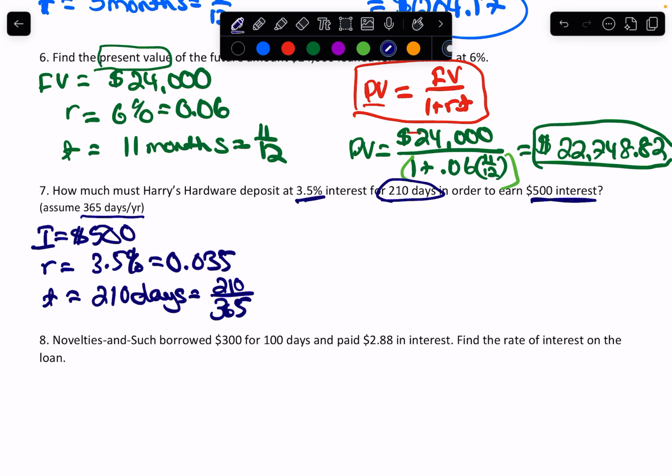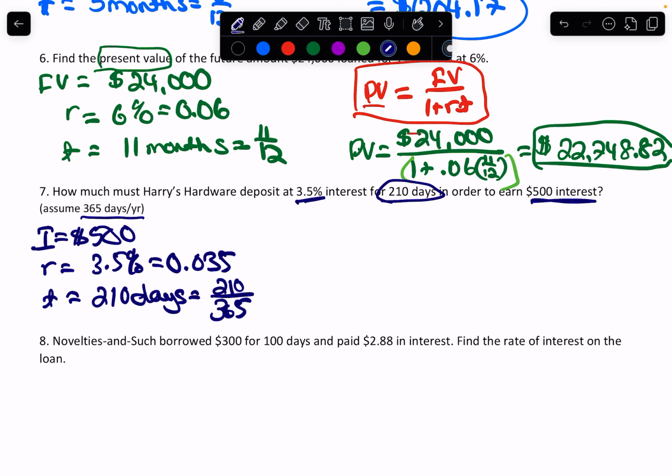Now, what is it asking? How much must Harry's Hardware deposit in order to earn interest this much? So that's why the $500 is interest. So it's asking the present value. That is what we're looking for. That's the present value. So we know that interest equals present value times R times T. We have the interest, $500.